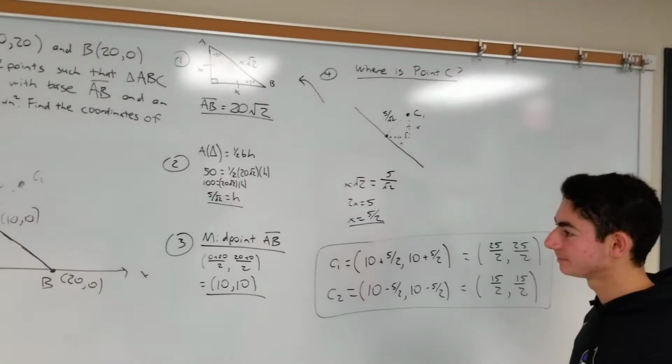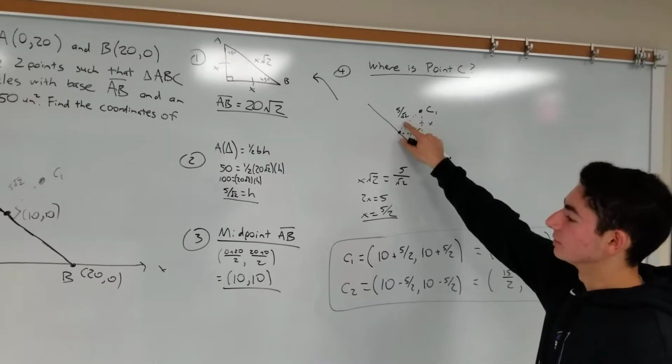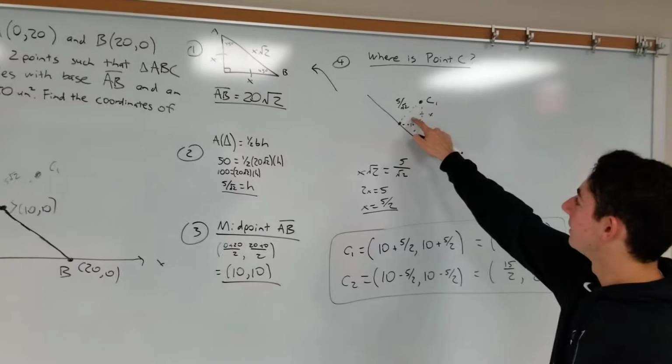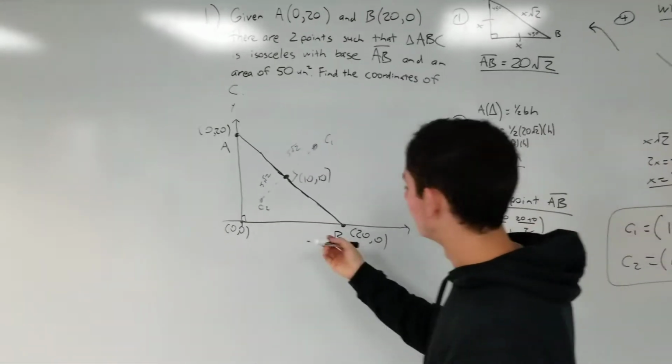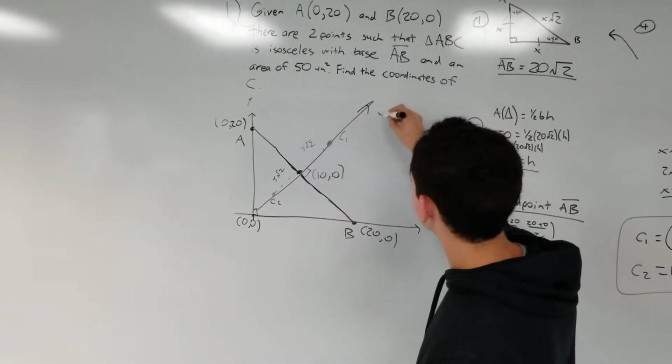Because we know that the height is 5 over root 2, you can draw a line here. I'll go back to this picture. This line right here, you know that's y equals x, right?